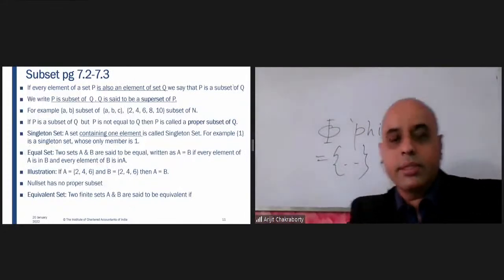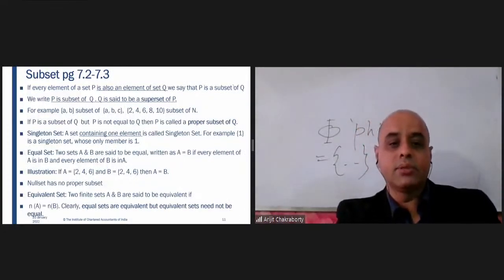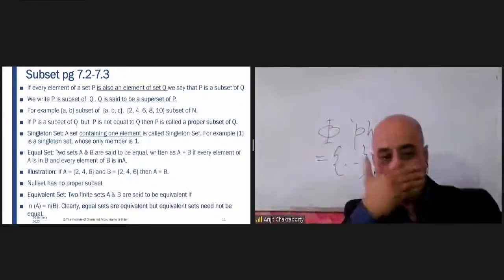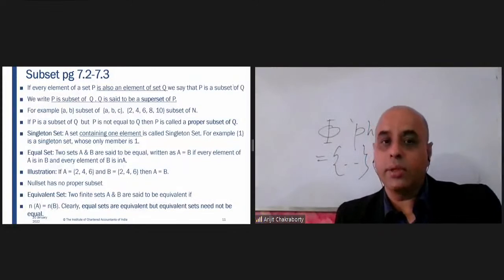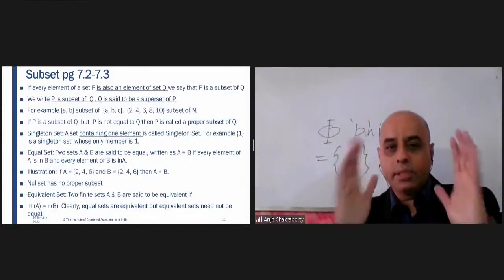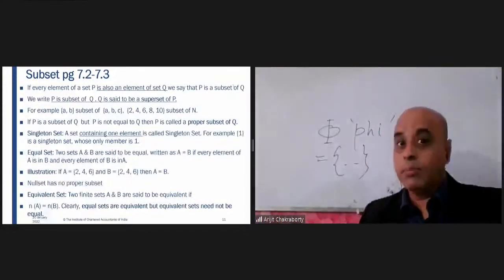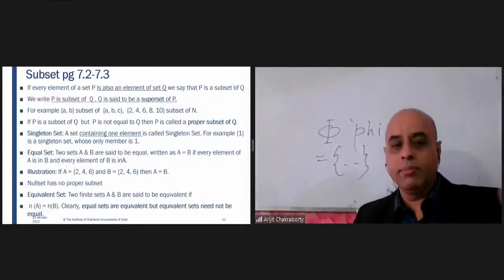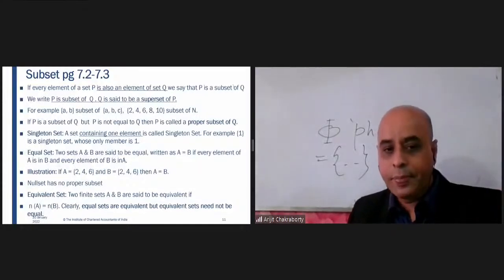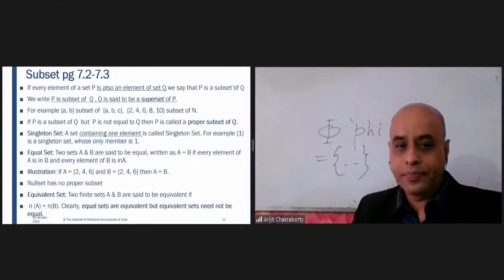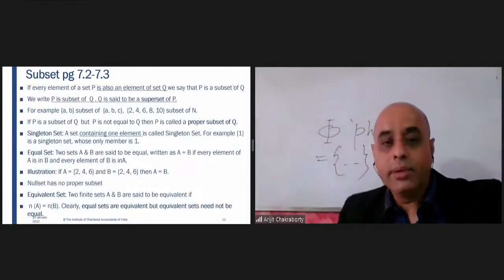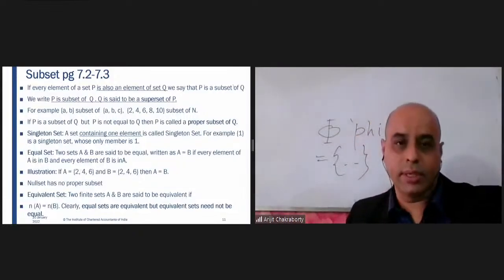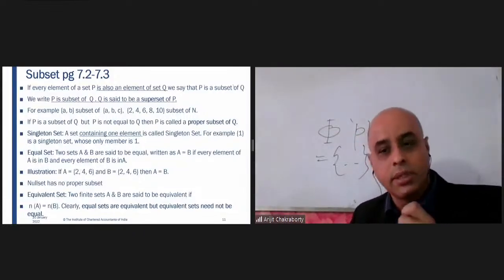Now, equivalent set is what? Equivalent set means when the number of elements in one set is equal to the number of elements in the other set. So please note here, the elements are not the same, but the number of elements is equal. So two finite sets A and B are said to be equivalent if the number of elements in one set is equal to the number of elements in another set.